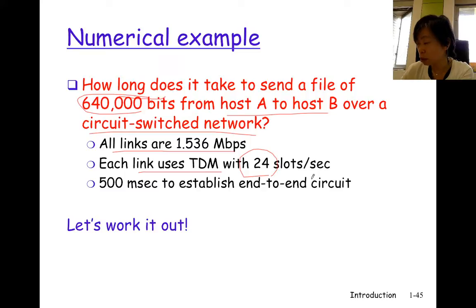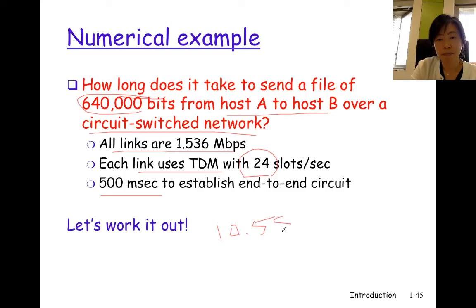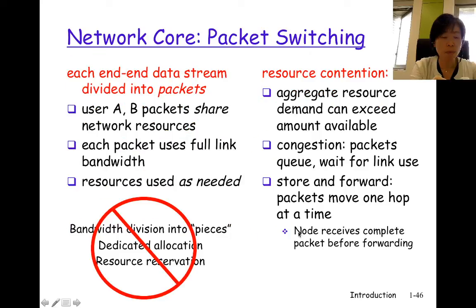We'll see that it takes 10 seconds just to transmit data. But that's not all, because it says here, it also takes 500 milliseconds to establish the end-to-end circuit. So overall, to complete the transmission, we need 10.5 seconds. I think you guys also calculate and let me know if you come to the same number. And that was the network core using circuit switching.